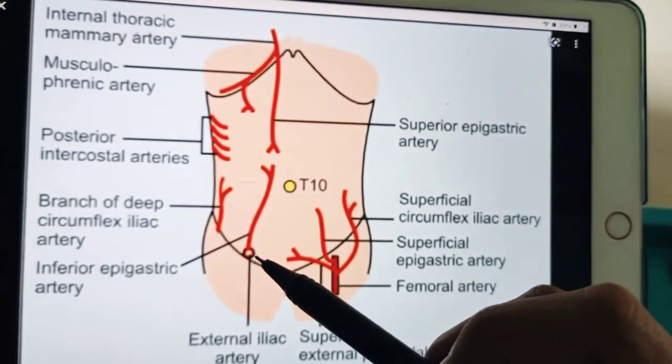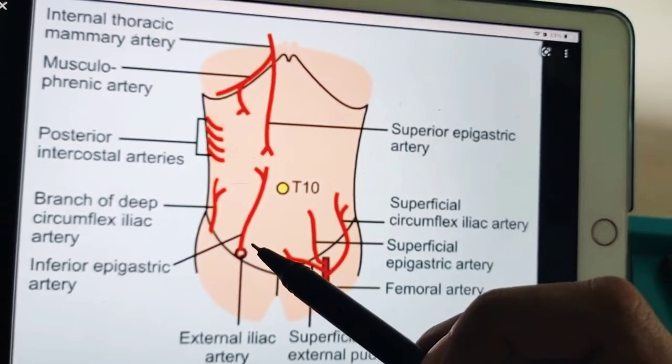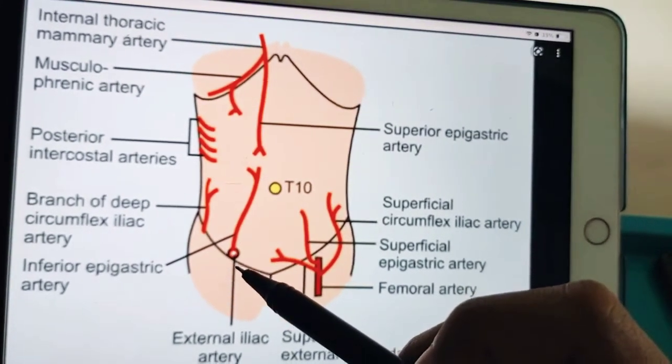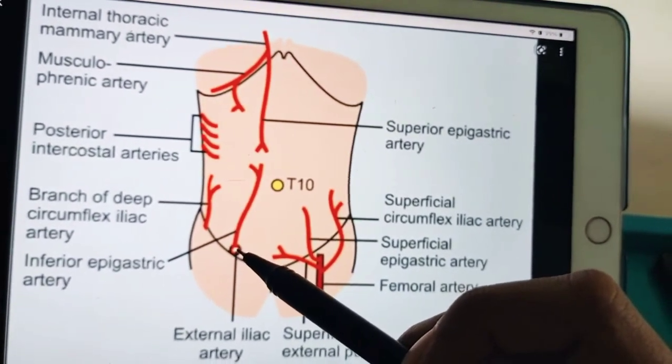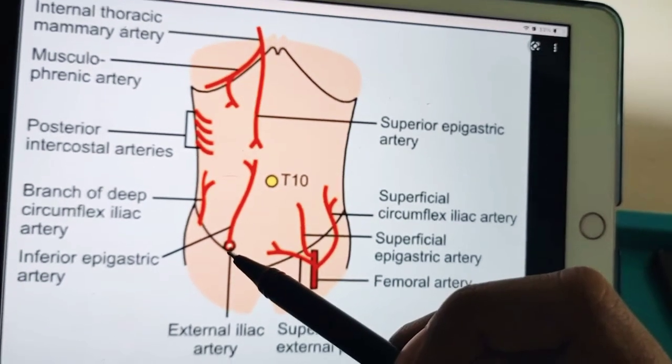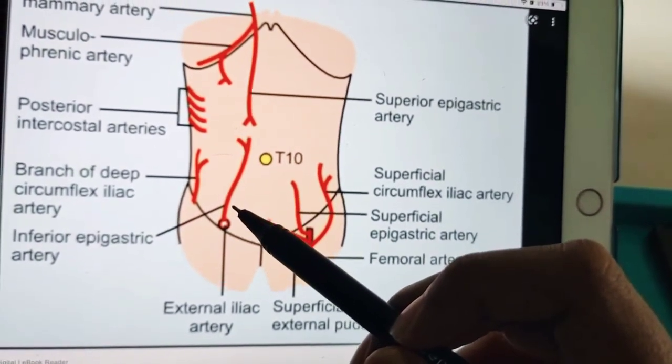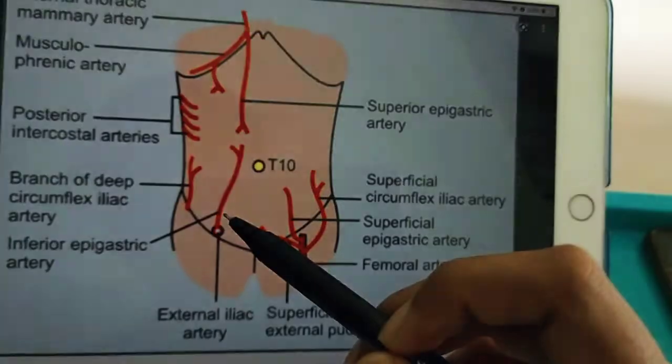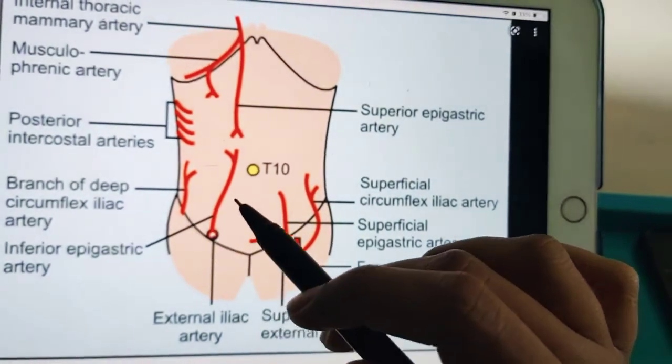The inferior epigastric artery arises from the external iliac artery near its lower end, just above the inguinal ligament, and it runs upwards and medially in the extraperitoneal connective tissue, as you can see here.